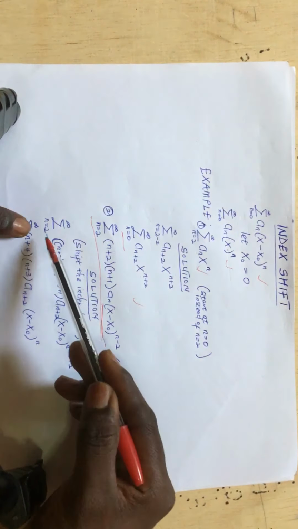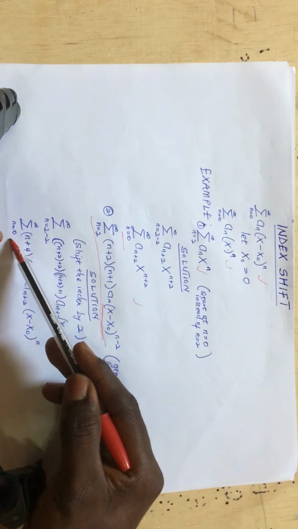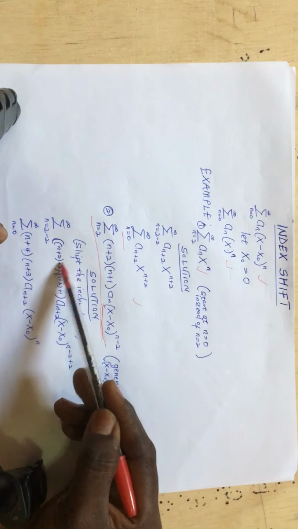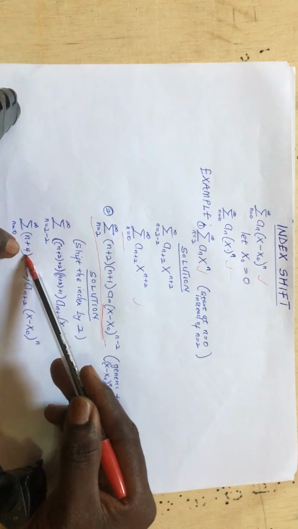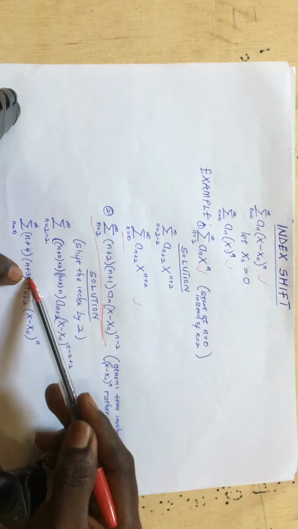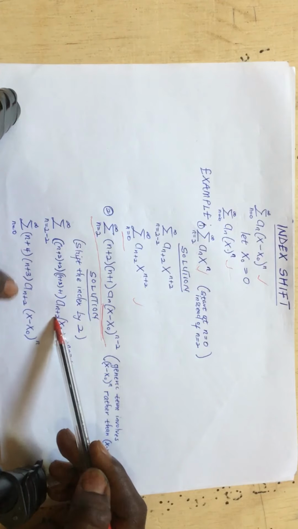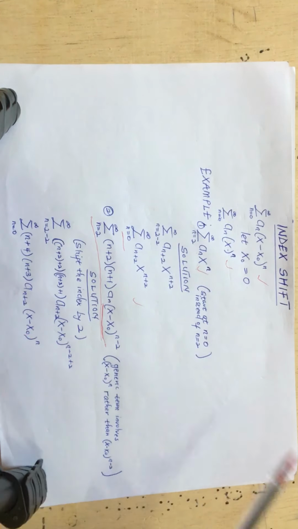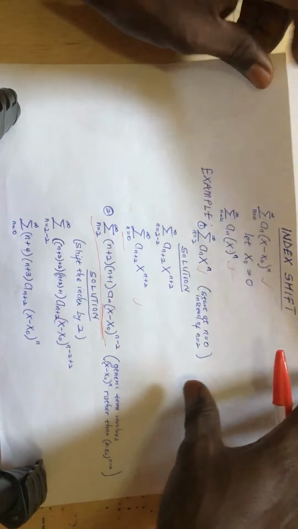Also we are adding, so we subtract from the index, which gives us 0. When we simplify, this gives us 4, and this gives us 3, that is 2 plus 1, and then n plus 2. So the idea is that anytime you add in the series, you subtract from the index. Let's take another example, and then we get more understanding of this video.